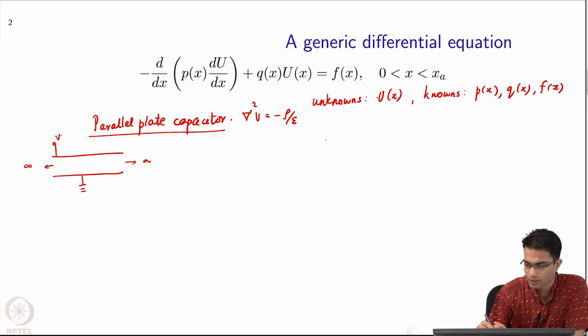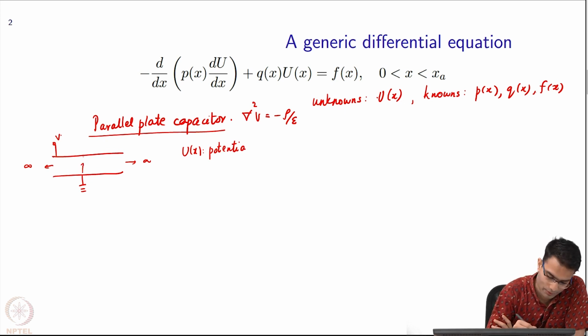So over here, say u of x is the potential. This is your x.